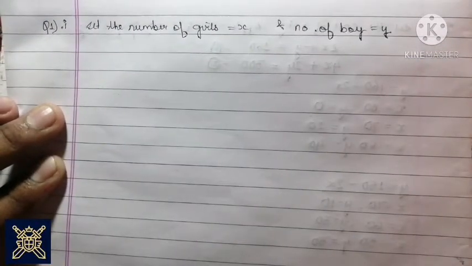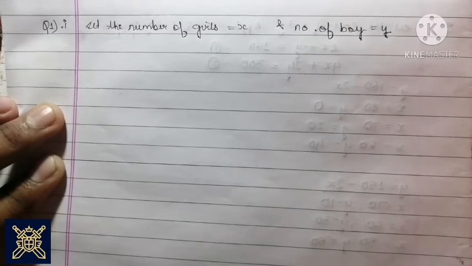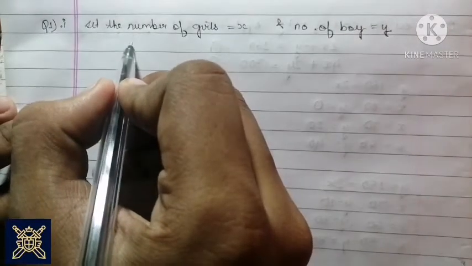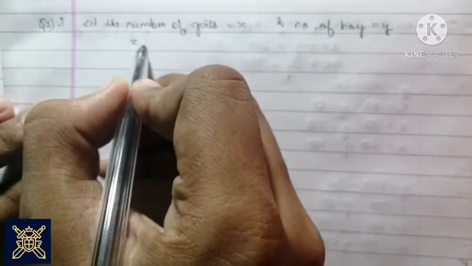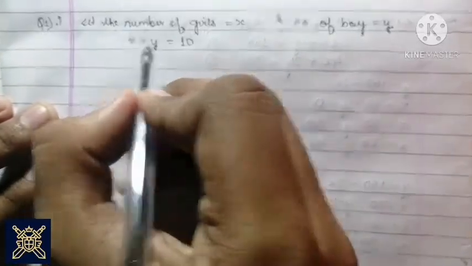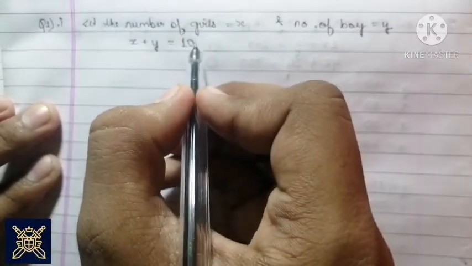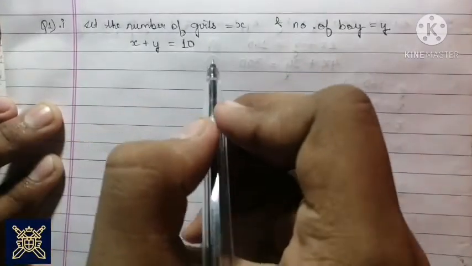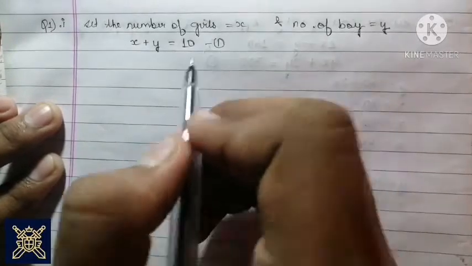It was given that 10 students of class 10th took part, so the number of students is 10. What this means is that the number of girls plus the number of boys will give you the total number of students, that is 10. So this is the first equation: x + y = 10.